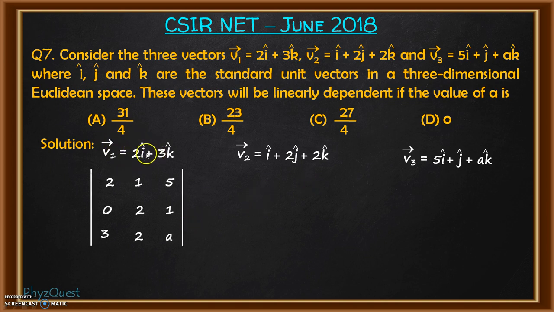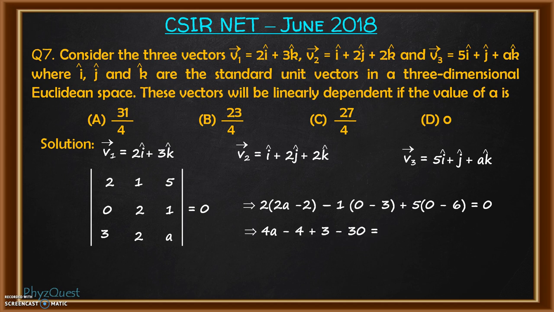You can see 2i cap plus 3k cap means 2, 0, 3. I cap plus 2j cap plus 2k cap is 1, 2, 2, and the last one, 5i cap plus j cap plus a k cap, is 5, 1, a. This should be equal to 0 if they are linearly dependent. If we solve it, it will be 2 into (2a minus 2), minus 1 into (0 minus 3), plus 5 into (0 minus 6), equal to 0.